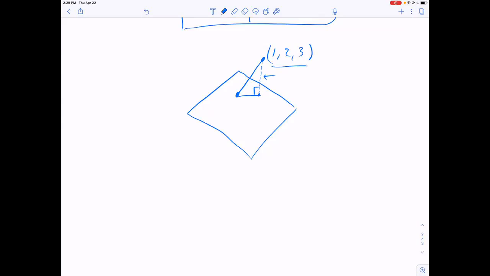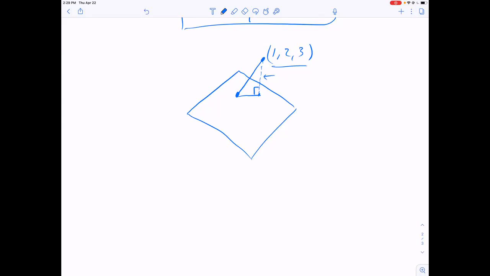The reason being that the hypotenuse is always larger than either of the two legs. So if you choose any point that's not the one directly under our point 1, 2, 3, then you're going to end up following the hypotenuse of this right triangle up to that point, rather than just one of the legs of the triangle. Does that make sense? So F's in the chat if that insight made sense.